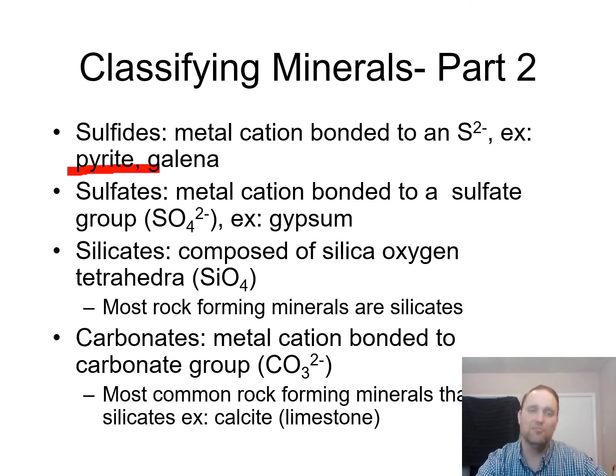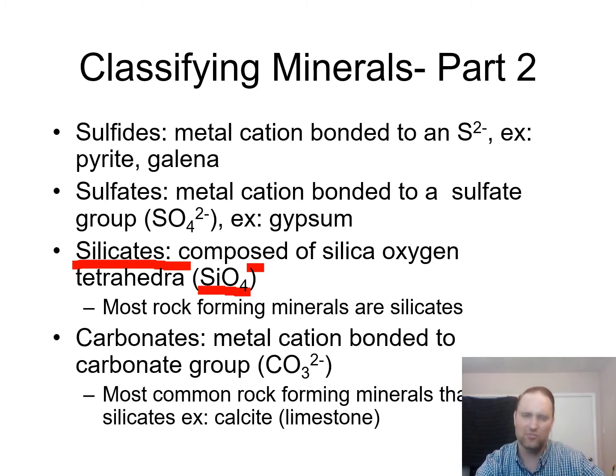Sulfides include many important ores like pyrite and galena. Galena is the main ore for lead. Pyrite, kind of a mediocre ore for iron, but we'll talk about that a little later on. The silicates are the most important rock-forming minerals, and so they're combining a silicon atom with 4 oxygens. Actually should have a minus charge on that, -4 charge, I believe.